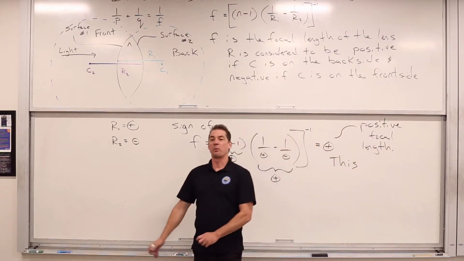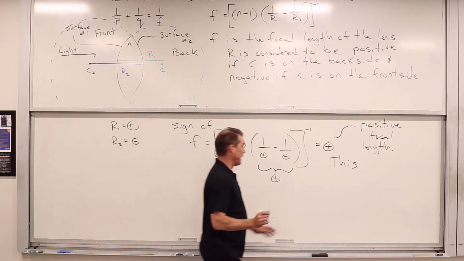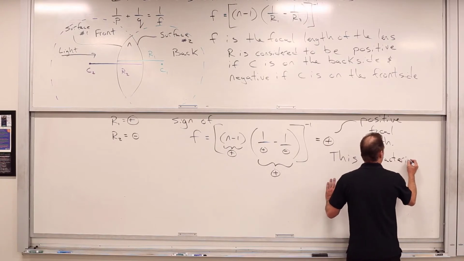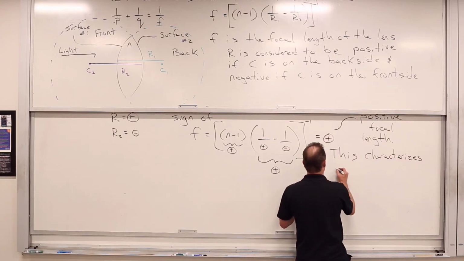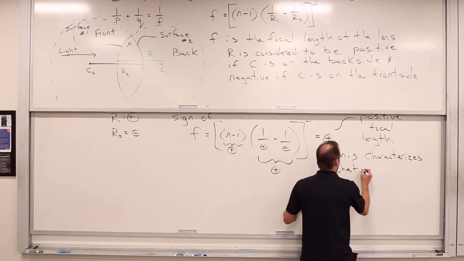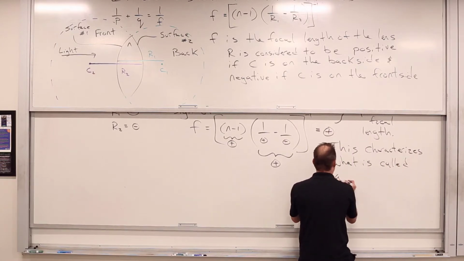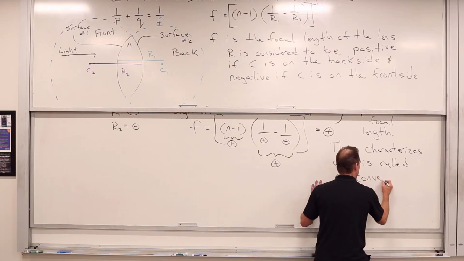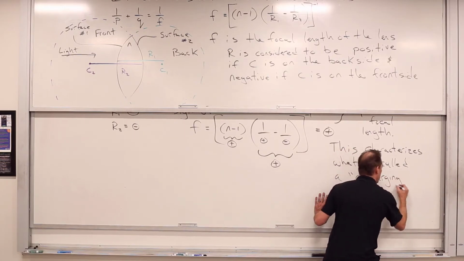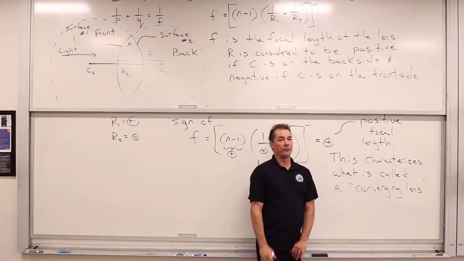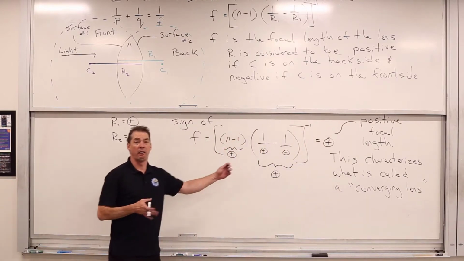This characterizes what is known as a converging lens. We say converging because of what it wants to do with parallel incoming light rays.